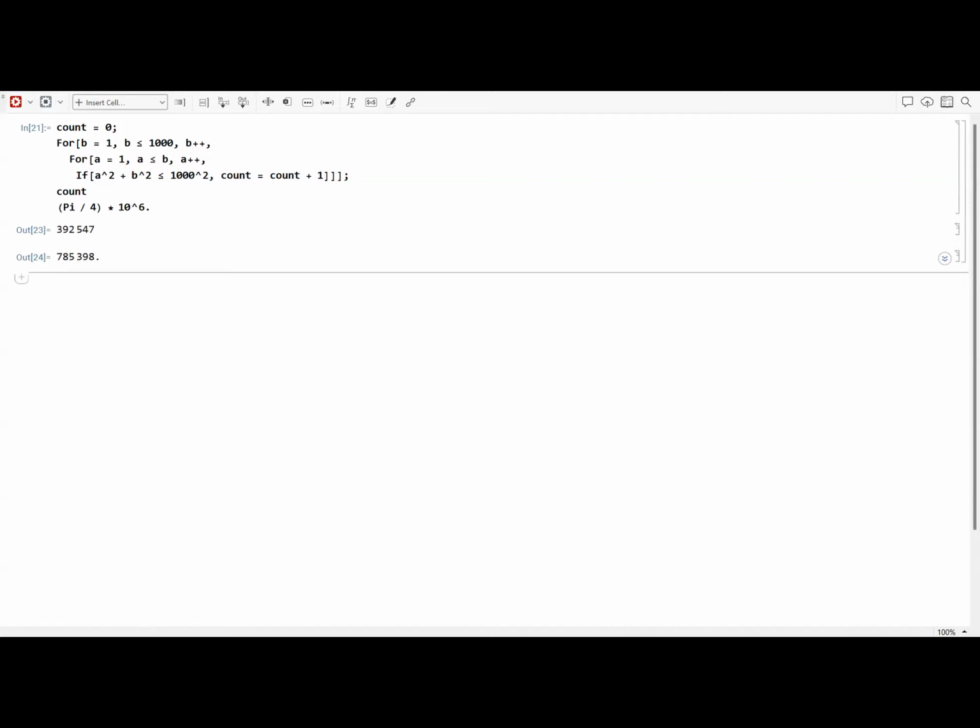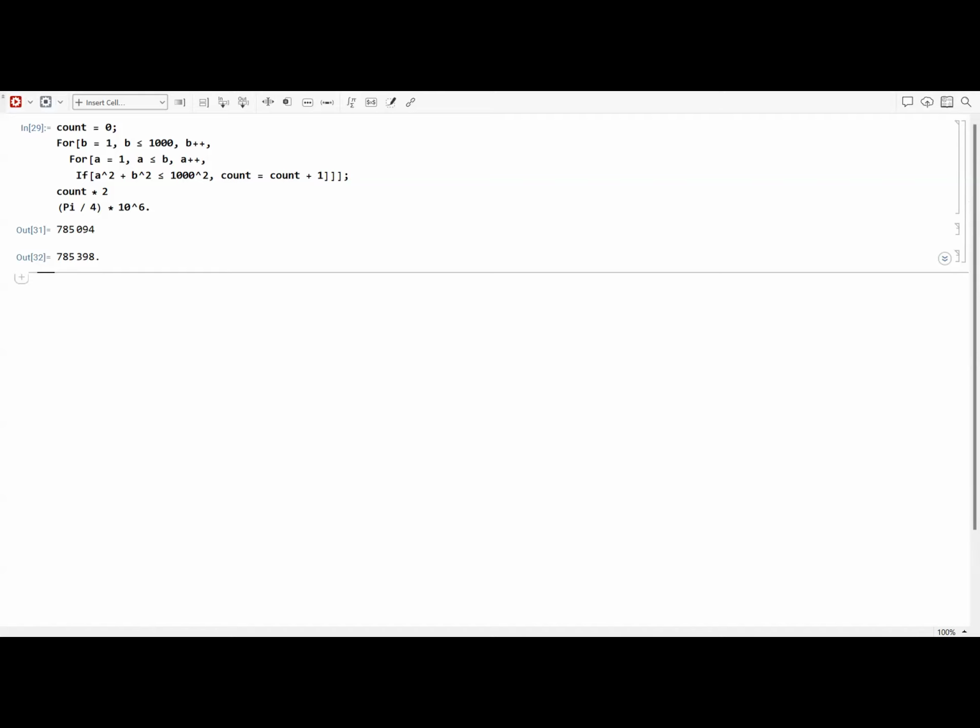So did we drop a factor of 2 somewhere? Okay, so if I multiply by 2 for the counting, then I'm basically getting pi over 4.